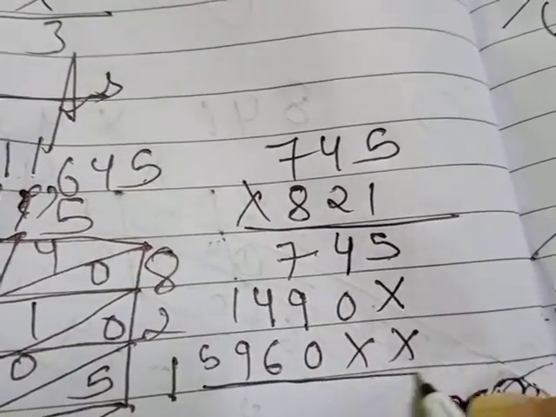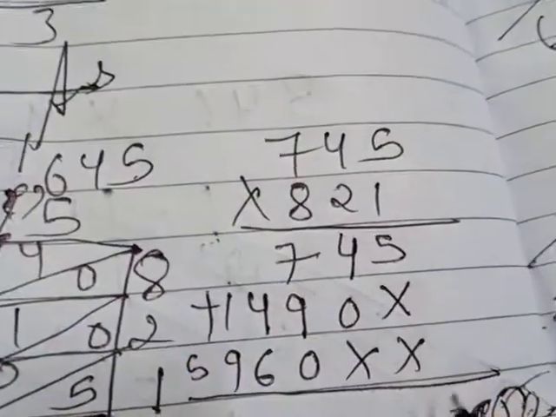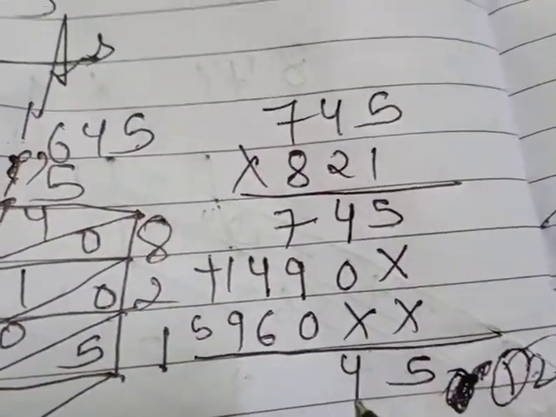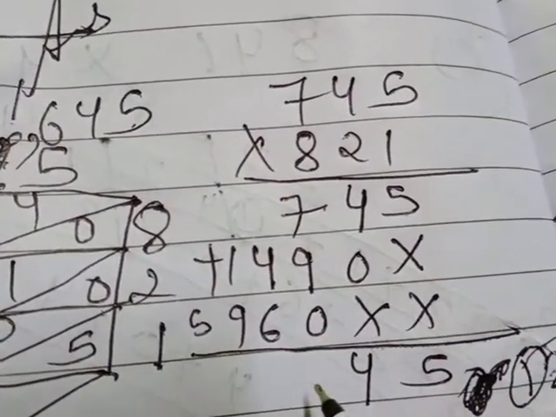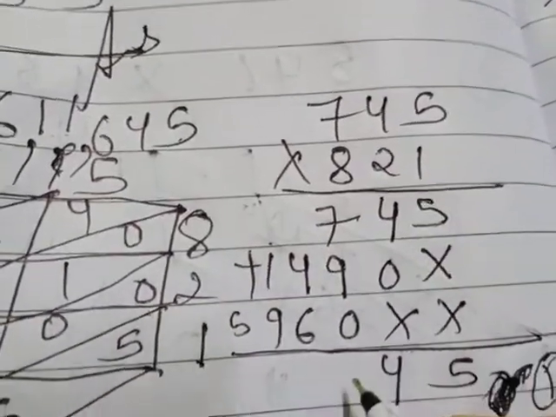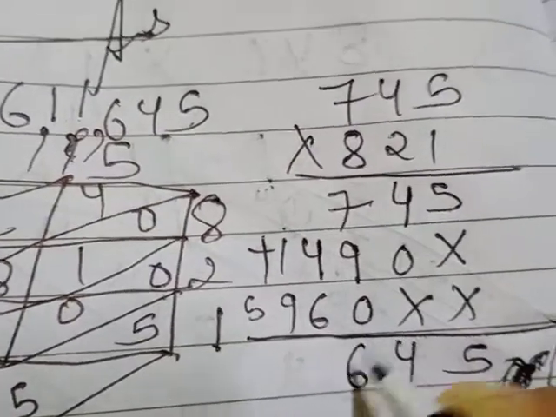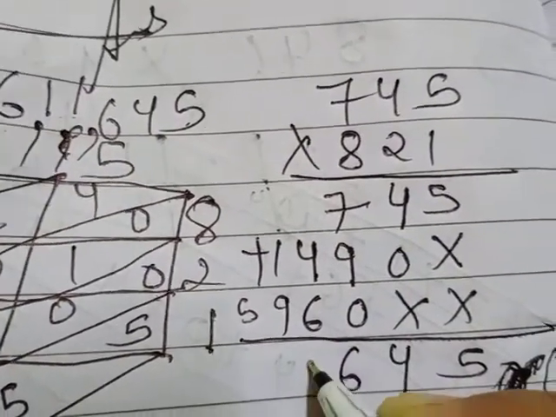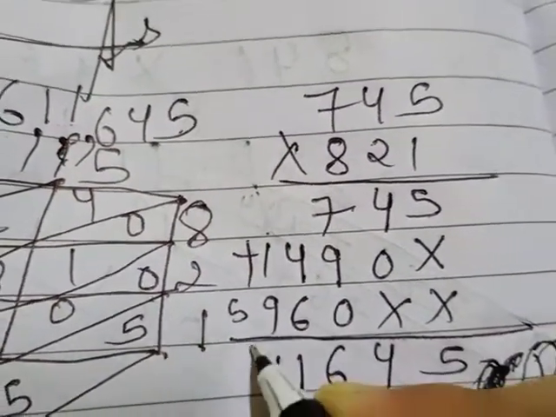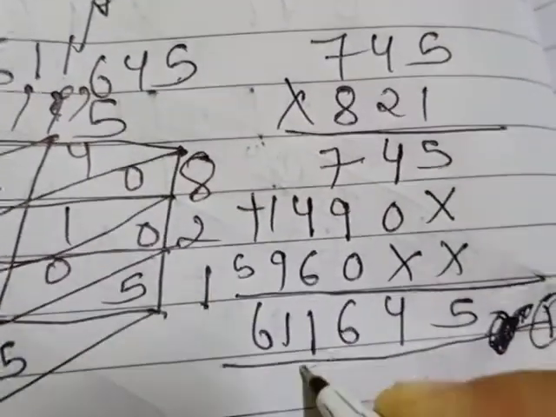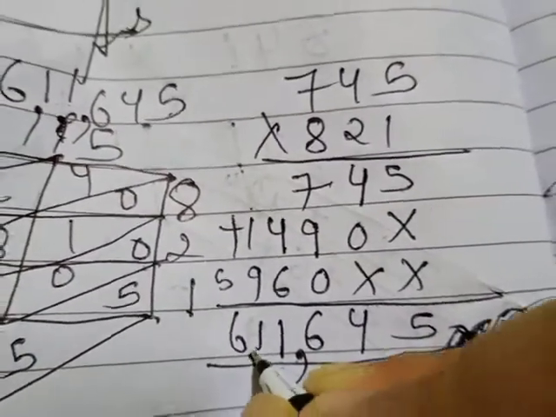Okay, now we have to do addition here. How to add? 5, 4, 9 and 7, 14, no, 16, no? 1 carry, 6 plus 4, 10 plus 1, 11, 1 carry, 9 plus 1, 10 plus 1, 11, and here 6.